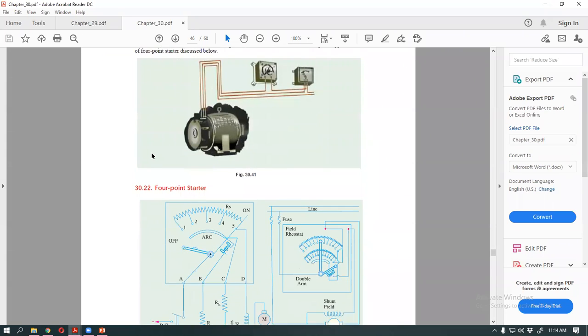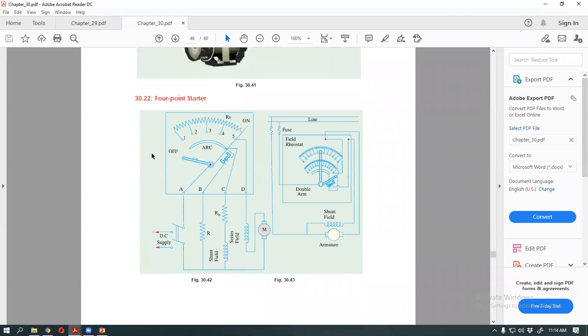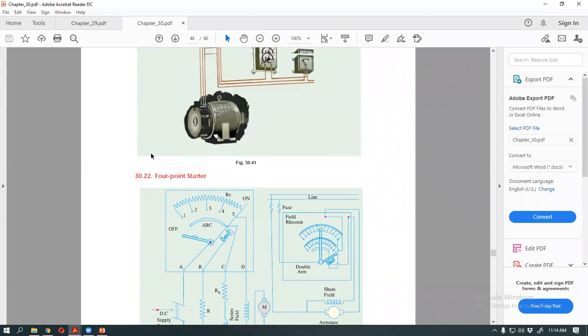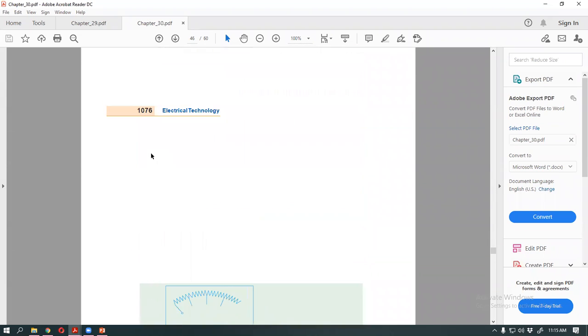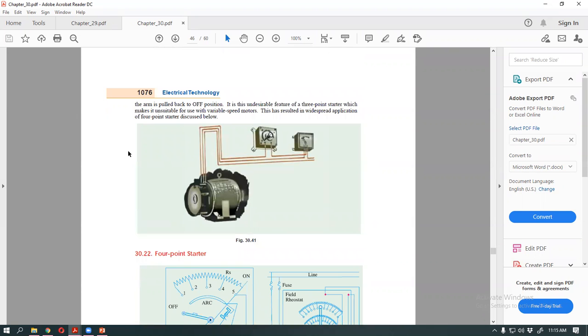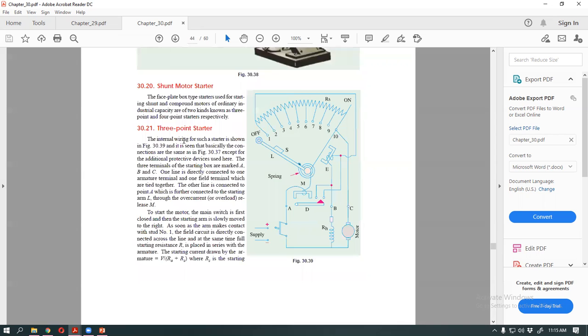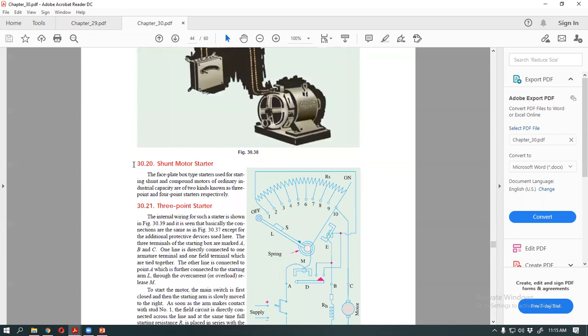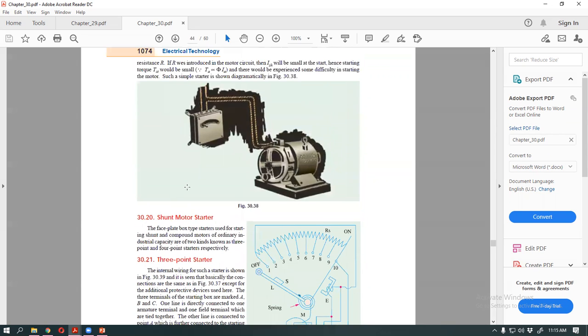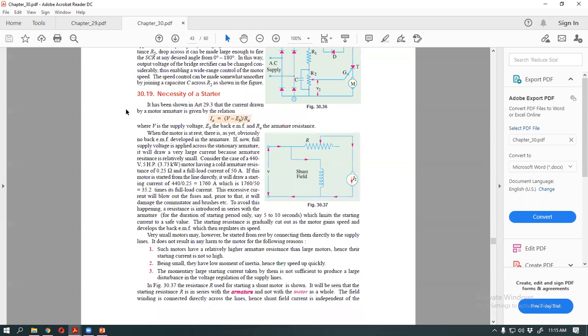It's 1076, also 75. All this about the motor and the starter. Okay, yes, sir.